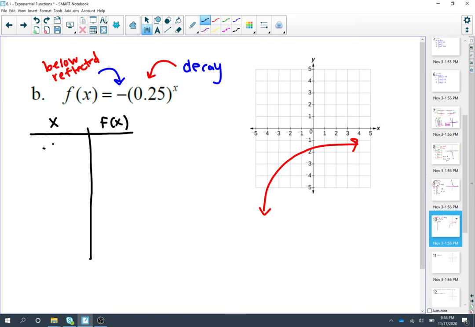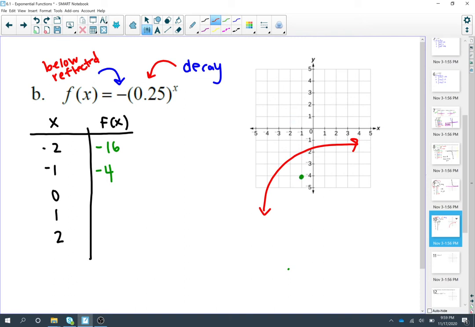So -2, -1, 0, 1, 2. We're substituting in values. If we substitute in -2, we're going to get -16. Once again, that's going to be way down here somewhere. It's not going to fit on my graph. If I substitute in -1, I'll get -4.